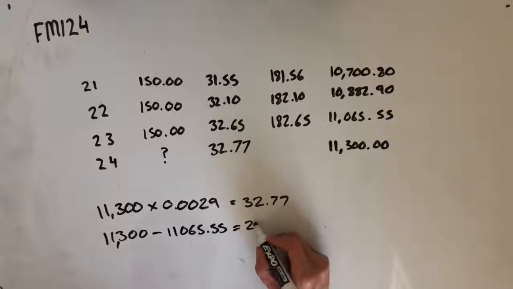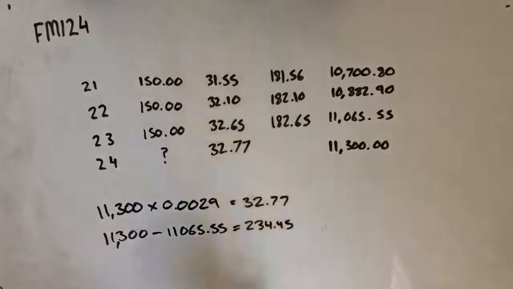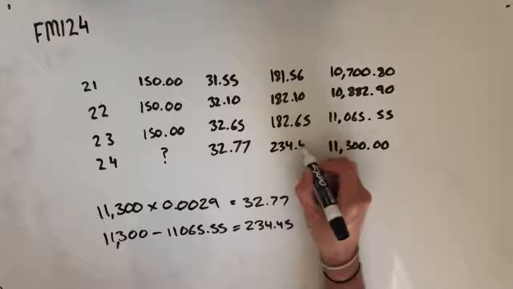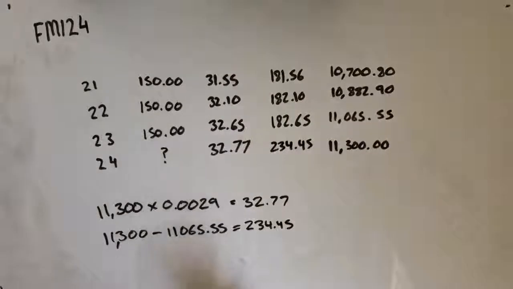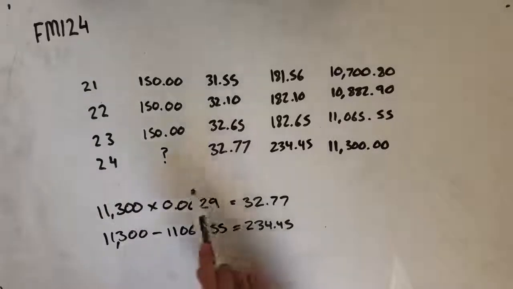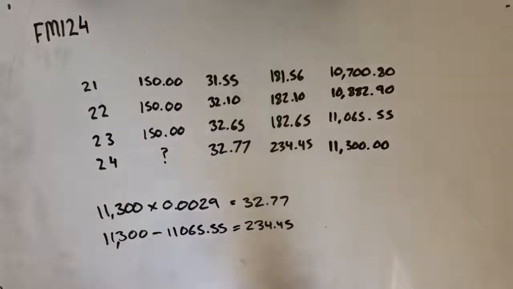We've got to increase by 234.45. So that's got to be our principal addition, 234.45. Interesting, which means that we can calculate this payment now by minusing our interest from the total principal add.